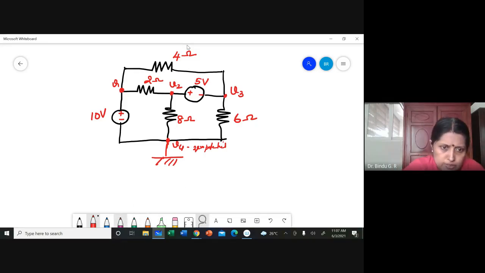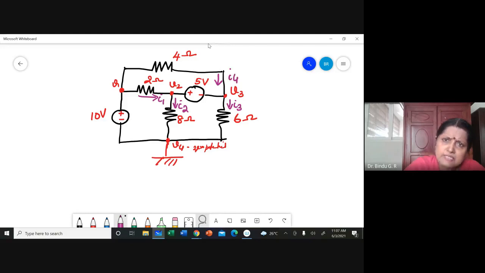Now, let me put certain currents also. Let this current be I1, let this current be I2, I3. These are currents which I am arbitrarily giving myself. It is not mentioned in the given circuit, and I can put any direction.